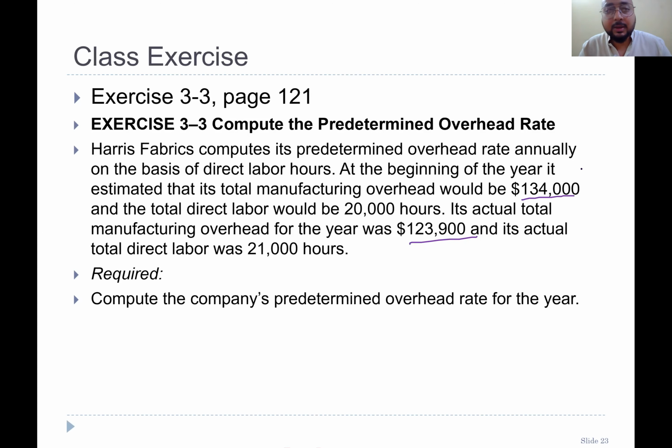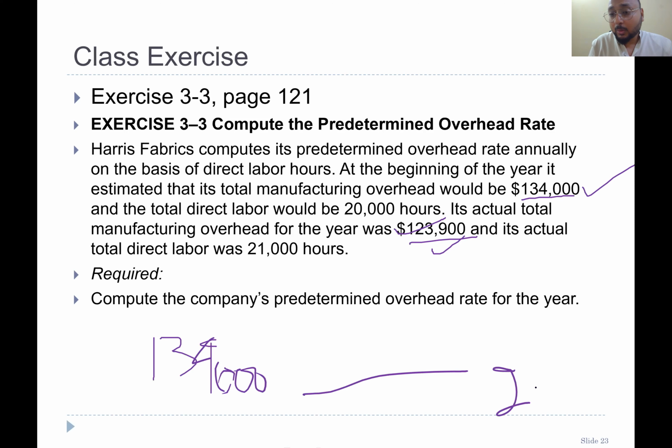At the beginning of the year, it estimated that the total manufacturing overhead would be 134,000. And at the end of the year, their manufacturing overhead is 123,900. If you are a layman, you would say they estimated 134,000 and their actual cost is 123,900. You would say that is very, very good.